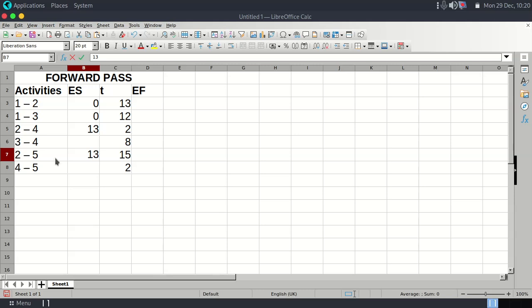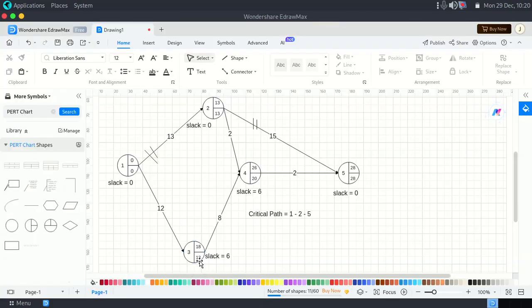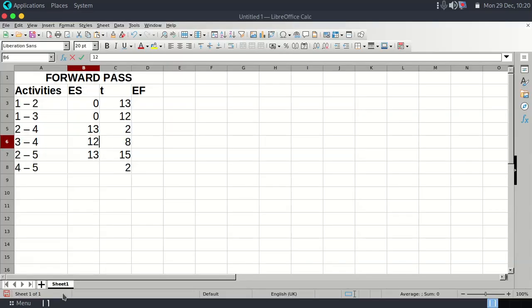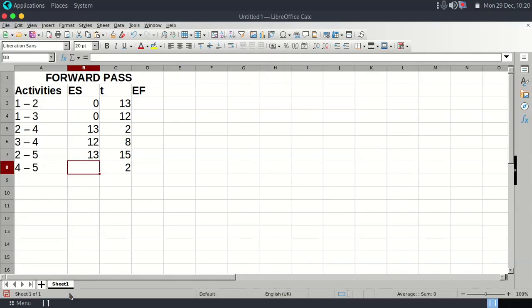Here we have 2, so there's 13. Let's go where we have our 3. At the bottom there we have 12, so we put 12. Then let's go where there's 4. At the bottom we have 20, so there we just put 20.